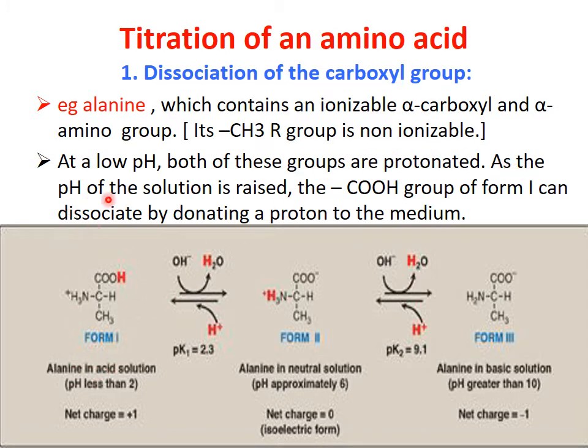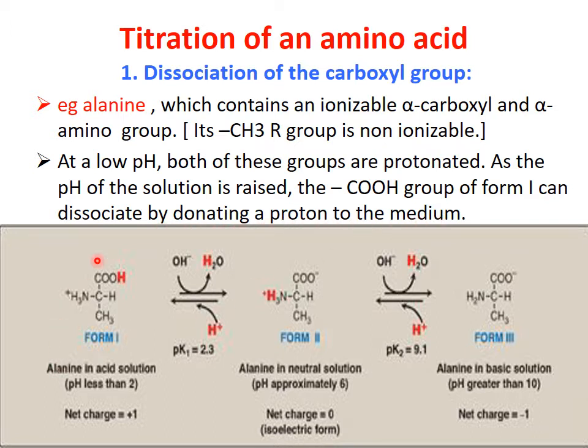As the pH of the solution is raised, if you move from this point to the right side, the pH is gradually increasing. The carboxylic group of form 1 can dissociate by donating a proton to the medium.